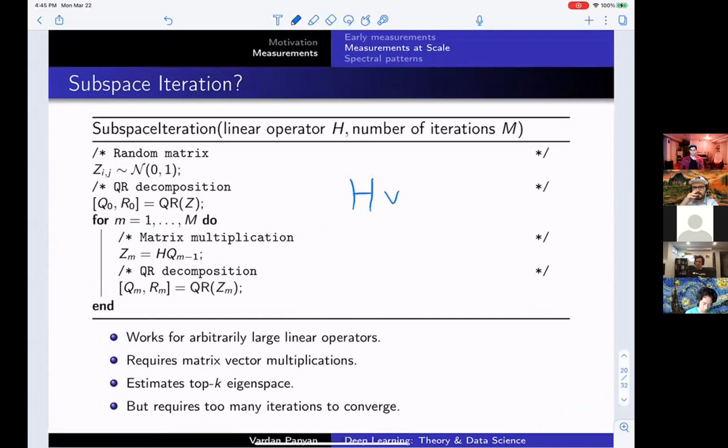This is the only thing they require. Why is this significant? Because you don't actually need to construct the Hessian entry by entry. It's enough that you have the ability to multiply by the Hessian. These are two different things. One is explicitly having access to the linear operator. Another is having access to a Hessian multiplied by a vector, which is significantly more efficient than calculating the Hessian.